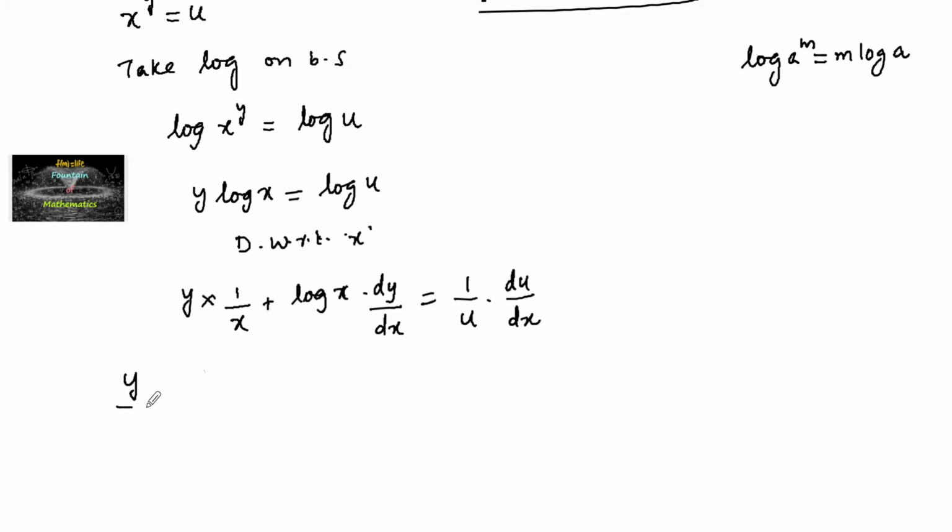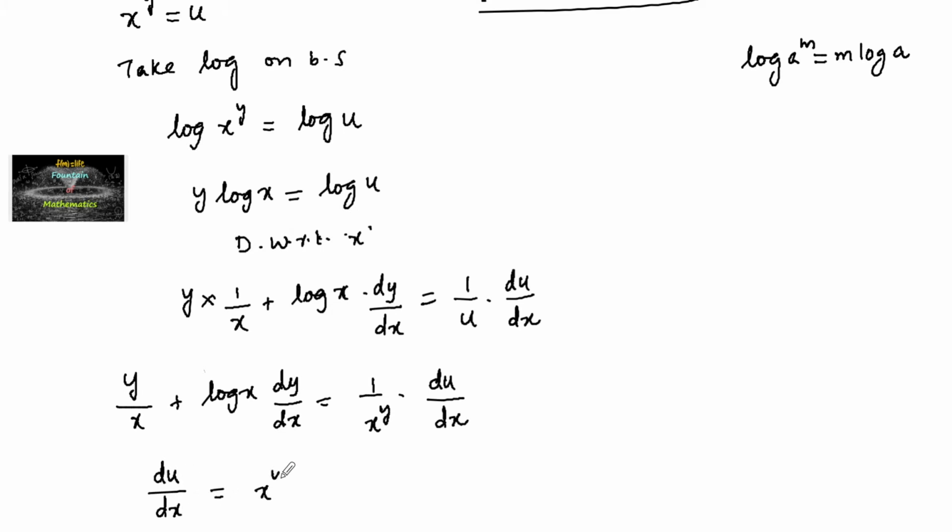So we have y upon x plus log x dy by dx is equal to 1 upon u, where u is nothing but x to the power of y, into du by dx. So we can also write it as du by dx is equal to x to the power of y times y upon x plus log x into dy by dx.